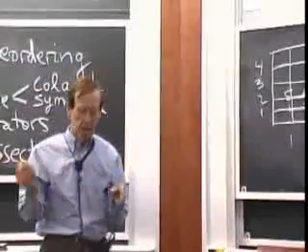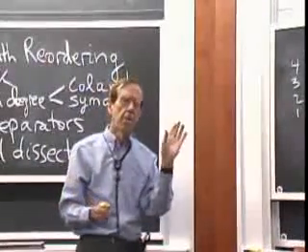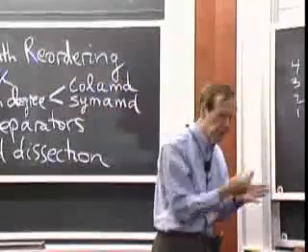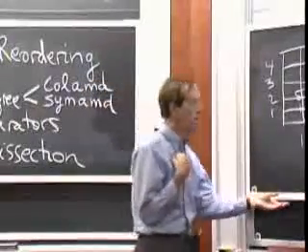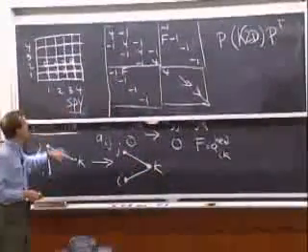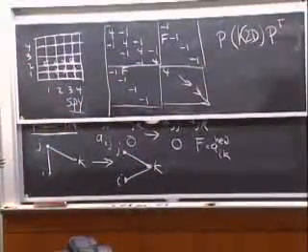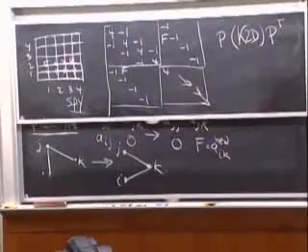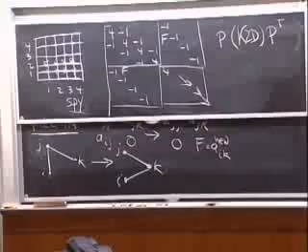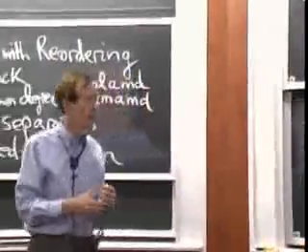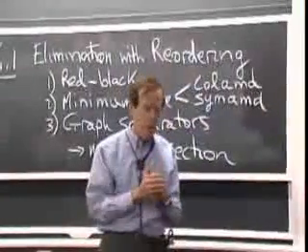Actually, from the actual execution standpoint, I'm certainly not going to write out a permutation matrix. That's ridiculous. I'm not going to draw a graph and keep that. I'll keep some list of positions for non-zeros. So we'll say a word about that list later. But here I'm trying to say, how do we get an idea of what the effective reordering is and what a good reordering would be?